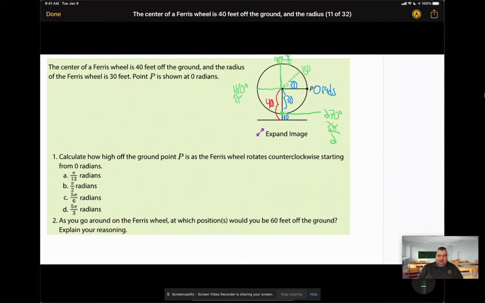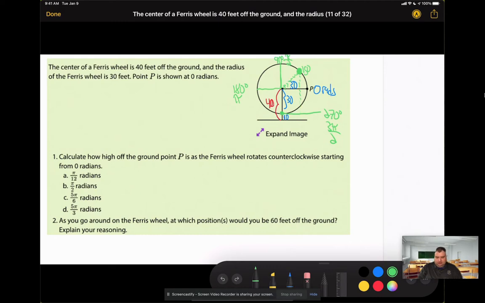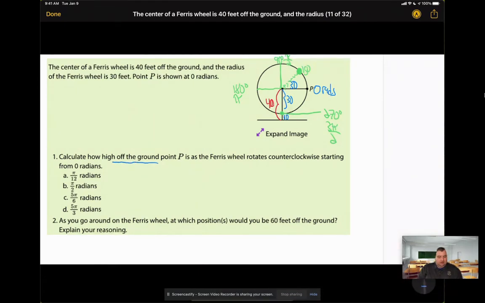So we want to find how high this point in green is off the ground. So how high is it off the ground? In other words, we have to figure out the y value of that point, because the y value will tell me the vertical height. Why is that significant?